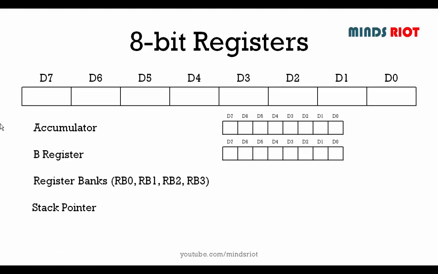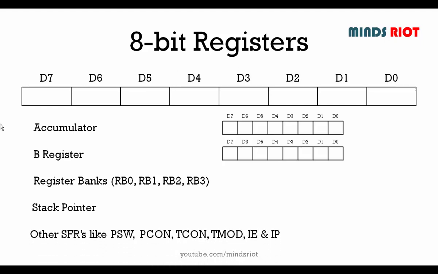Each register bank consists of 8 registers, that is total 32 registers. Each register is 8-bit wide. The next 8-bit register is the stack pointer and other special function registers like program status word, power control register, timer control register, timer mode register, interrupt enable and interrupt priority registers.